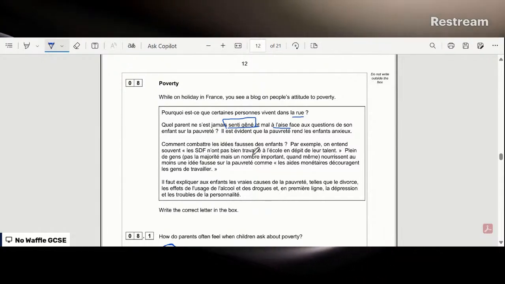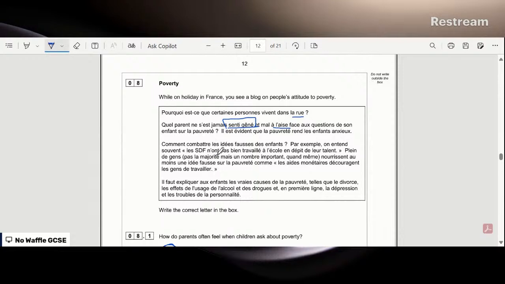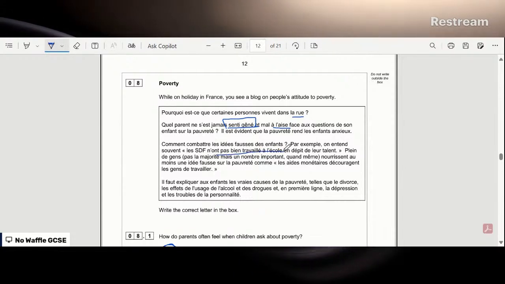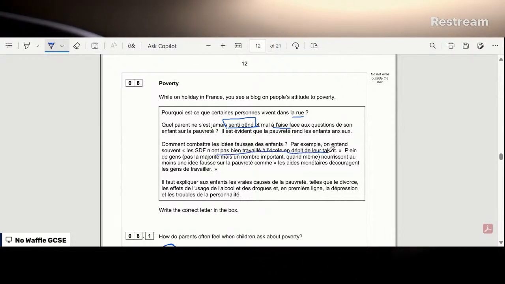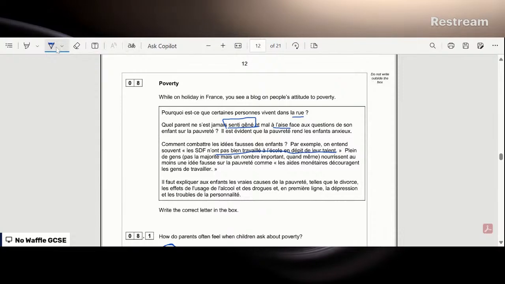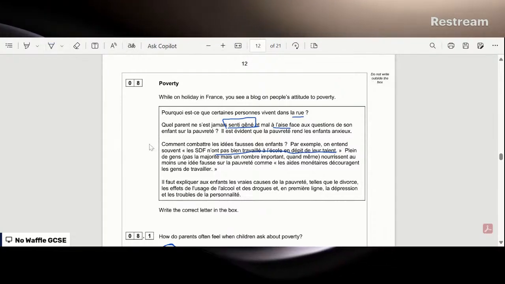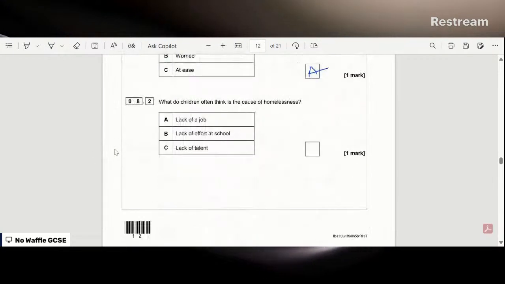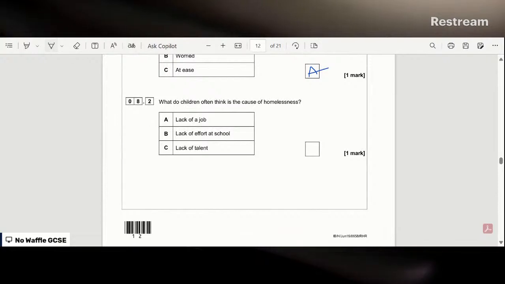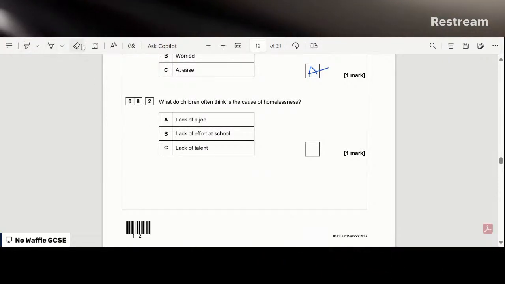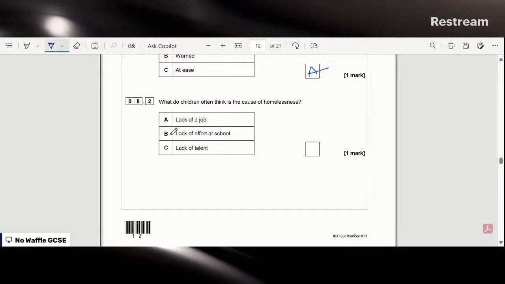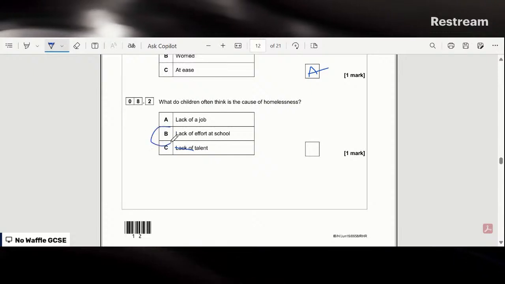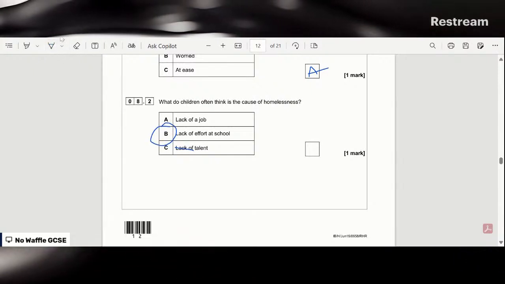That's what they're often referred to in France. N'ont pas bien travaillé à l'école. So they didn't work hard at school en dépit de leurs talents. So they didn't work hard at school, so therefore they did not find their talent. So it wasn't the lack of talent, it was they didn't find it, and they didn't find it because they did not work in school. So the answer is B.